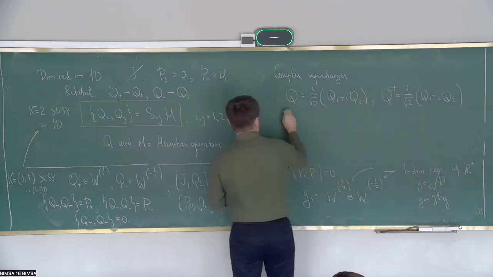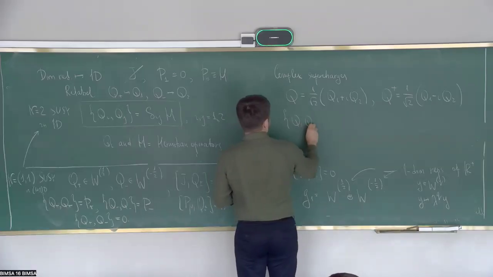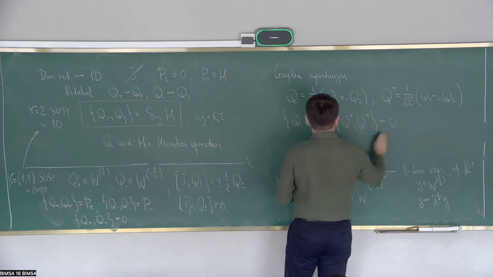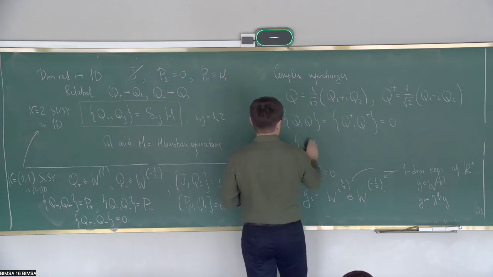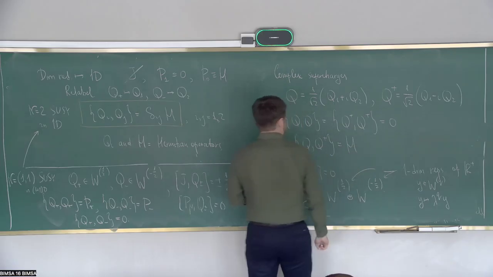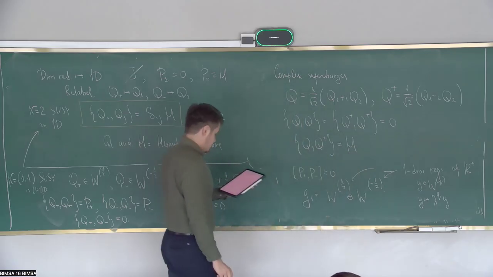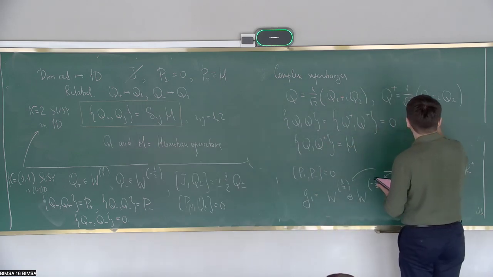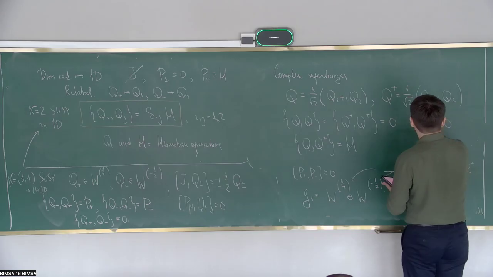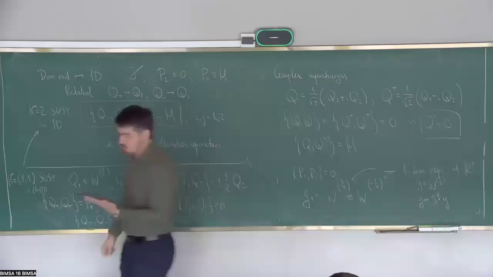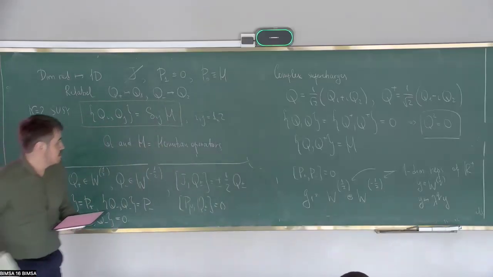Then the anticommutation relations are {Q, Q} = 0, and {Q, Q†} = H. In particular, this implies that Q squared is 0, which will be useful later. So this complex charge Q is nilpotent: its square is 0.